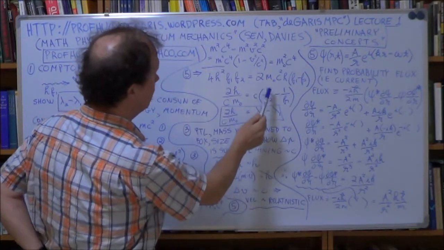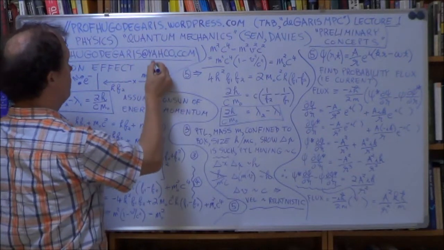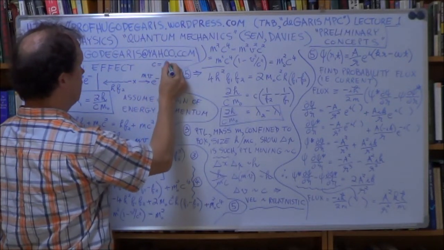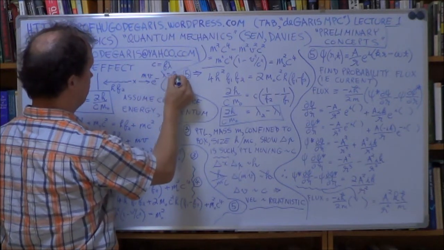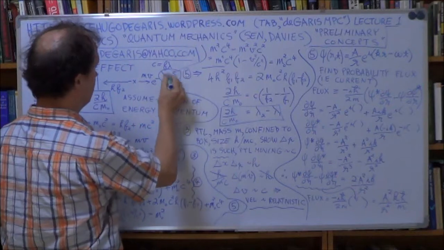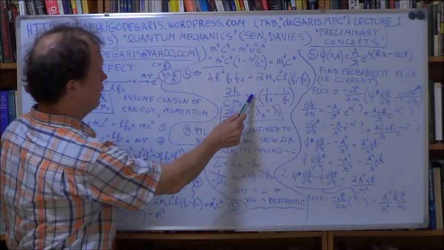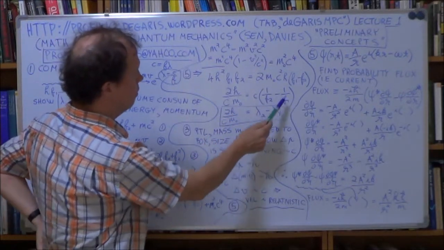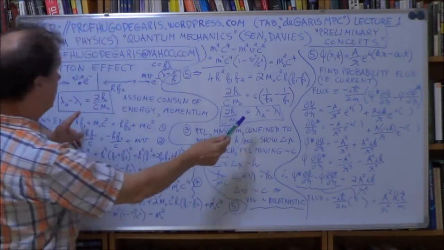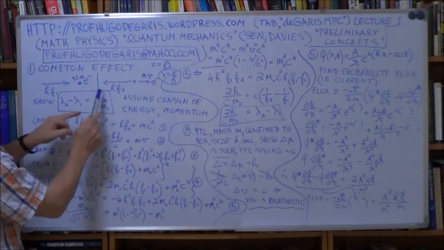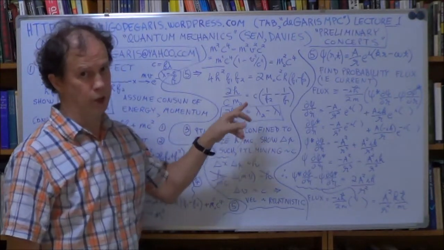But the speed of light is the frequency times the wavelength. So the wavelength is c over f. Okay? The wavelength is the speed of light divided by the frequency, c over f. So this is lambda 2 minus lambda 1, the difference in the wavelengths, and you are asked to show that that difference is 2h over c m0. So we've done it. Okay.